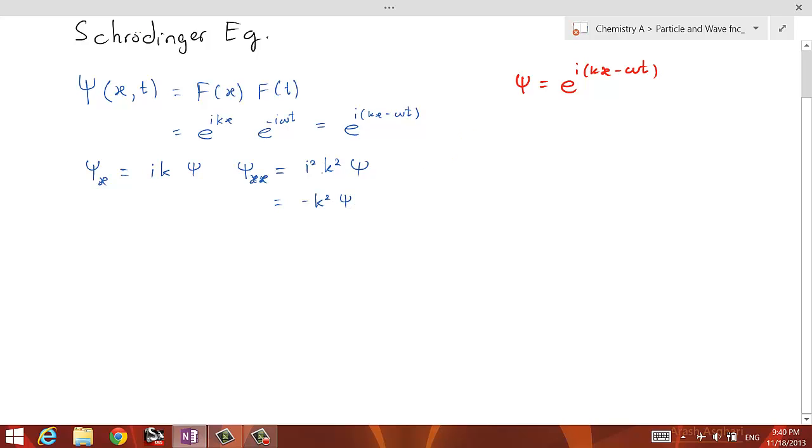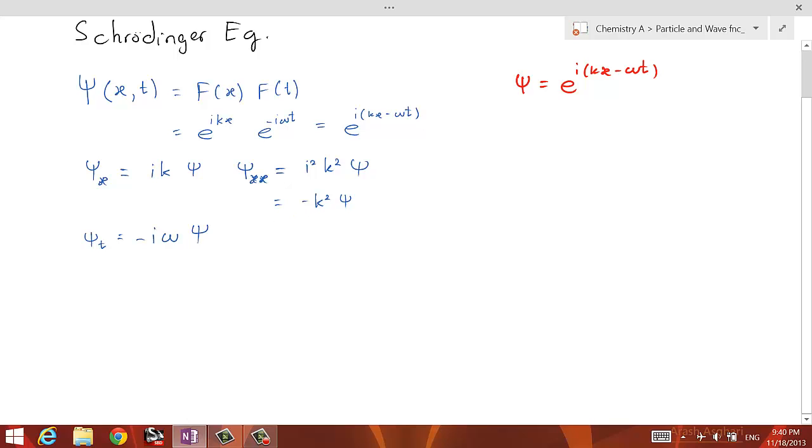Now I differentiate the wave function by time. The constant part gives 0, and differentiating the exponent I get minus i omega, the t is gone, and I get the function again.